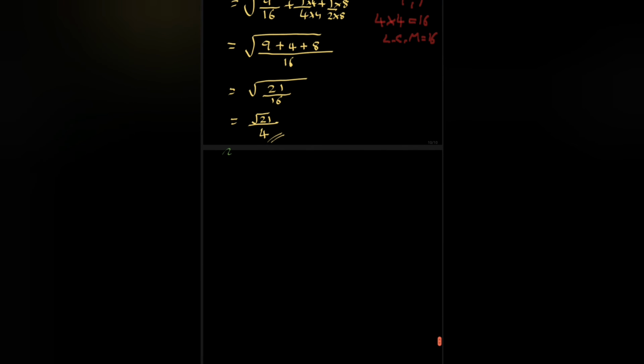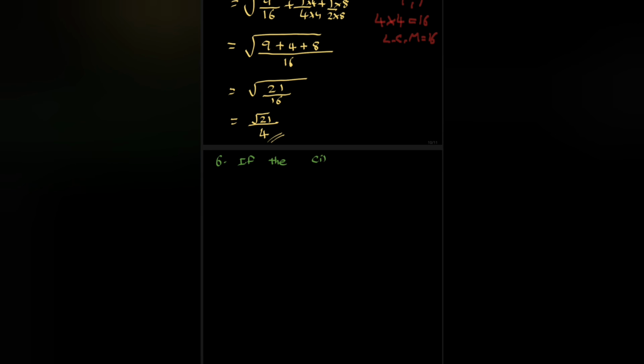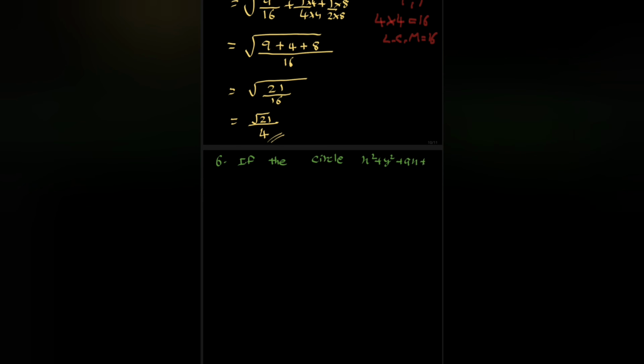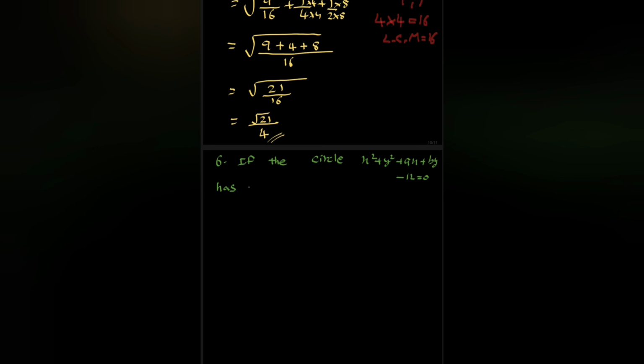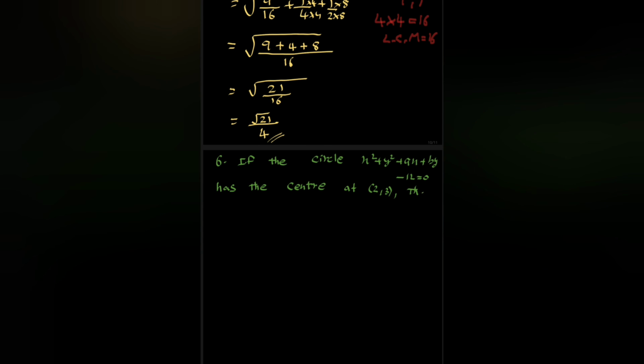So moving on to the next sum, the sixth one. If the circle x square plus y square plus ax plus by minus 12 equal to 0 has the center at 2, 3, then find A, B and the radius of the circle.